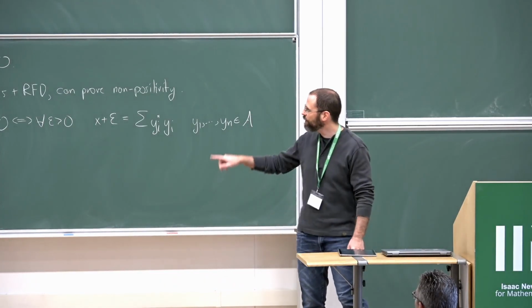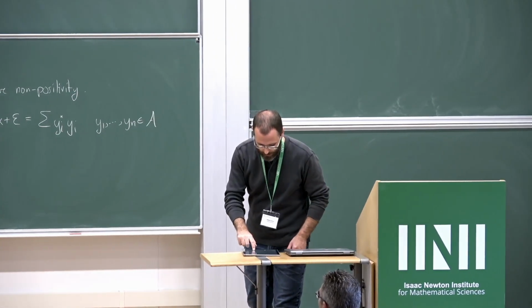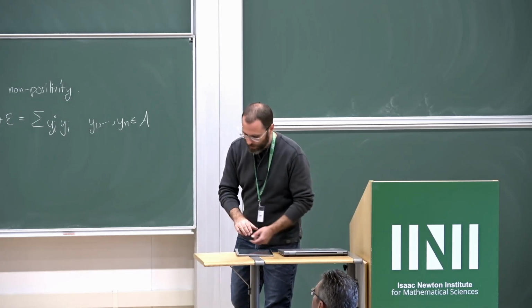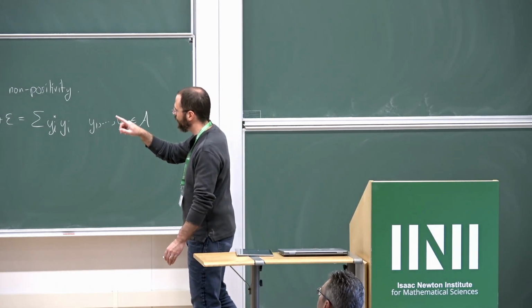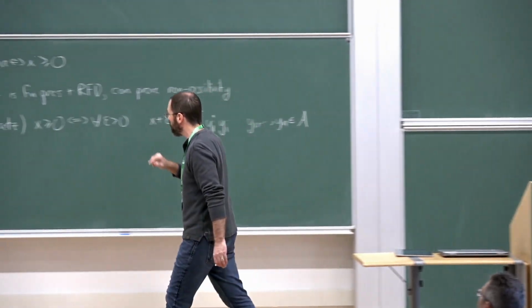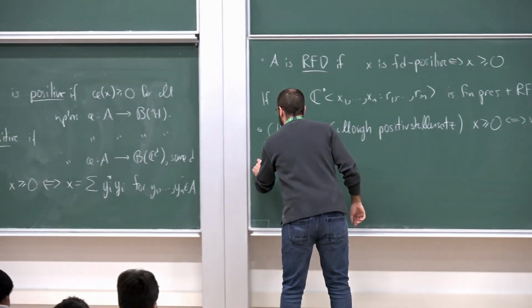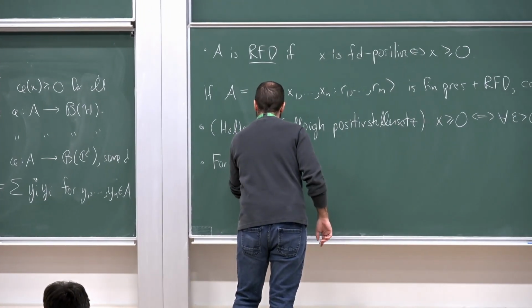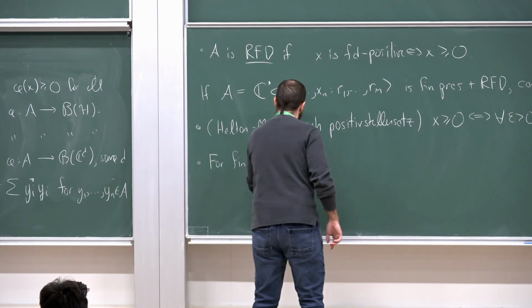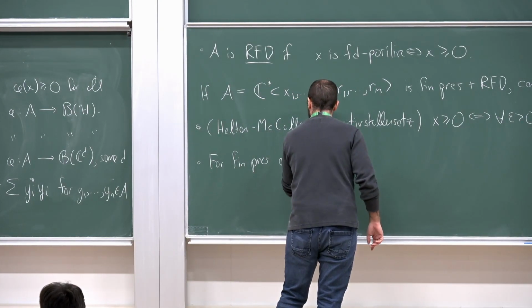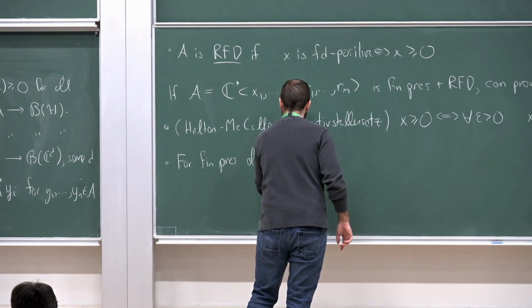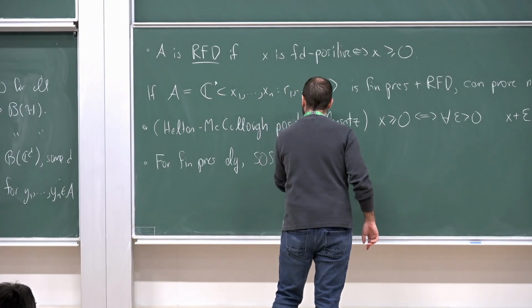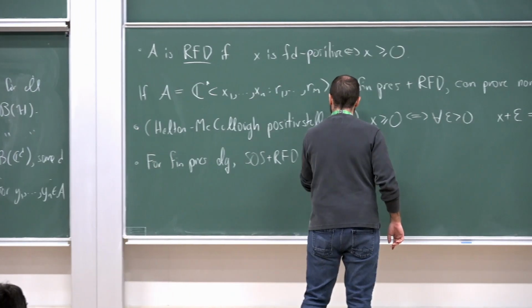So it's kind of interesting to contrast to the other two conditions we looked at. That's the point of looking at conditions like SOS and RFD, especially if we put them together: for finitely presented algebras, if we have SOS plus RFD, then we can decide positivity.